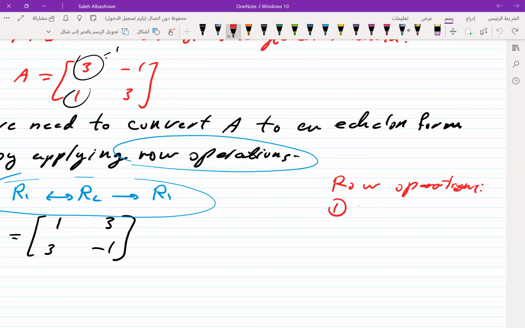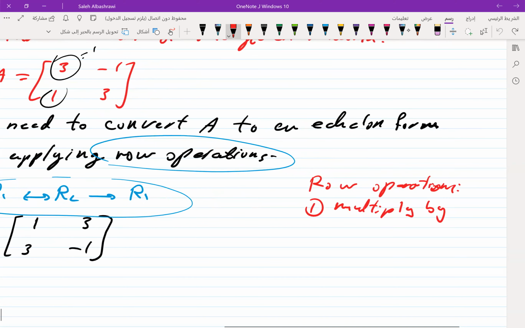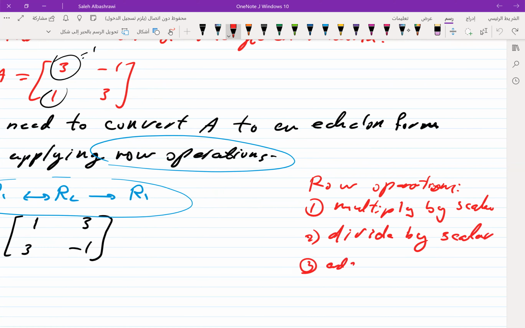you can multiply by scalar or divide by scalar, or we can add 2 rows, or we can subtract.